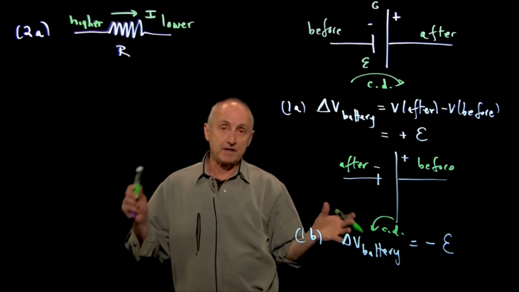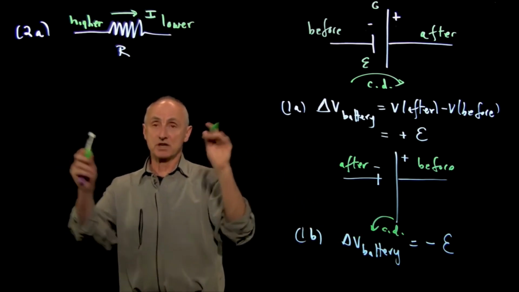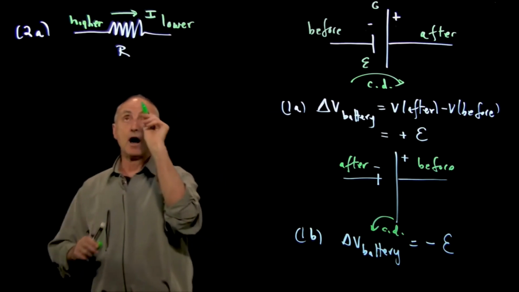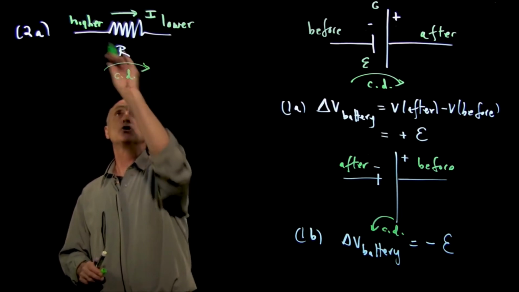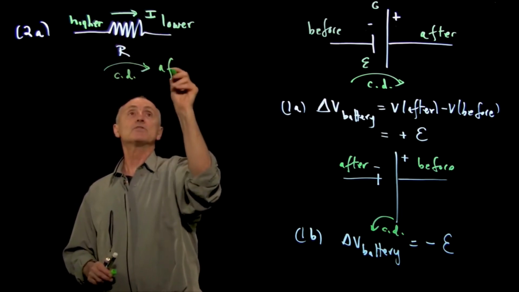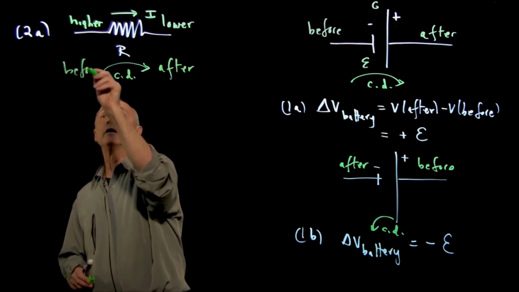Now, at the end of the problem, this is all a coordinate system for circuits, it's a consistency condition. Our second convention, let's say we circulate in the direction of current. This is defining the after. This is the before side.